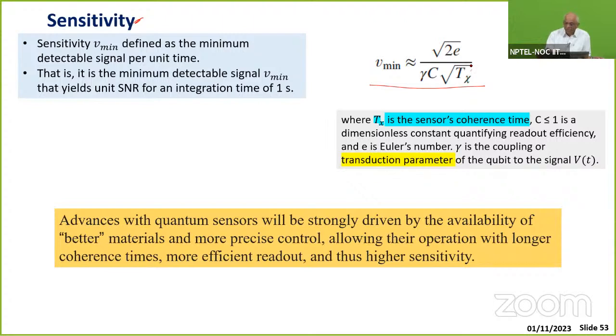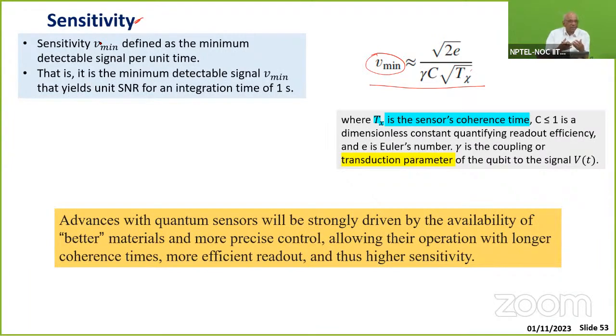So you want to have a very large coherence time to have a small V minimum, which means high sensitivity. High sensitivity means you can measure very weak signals.